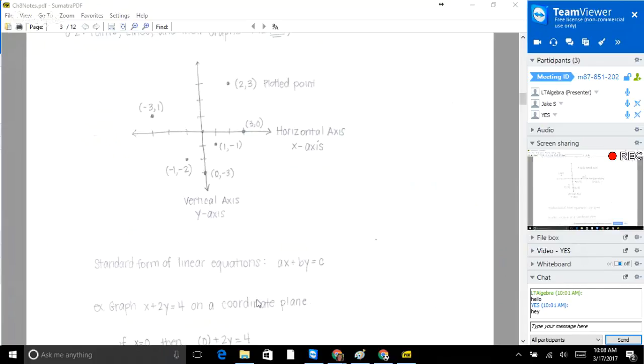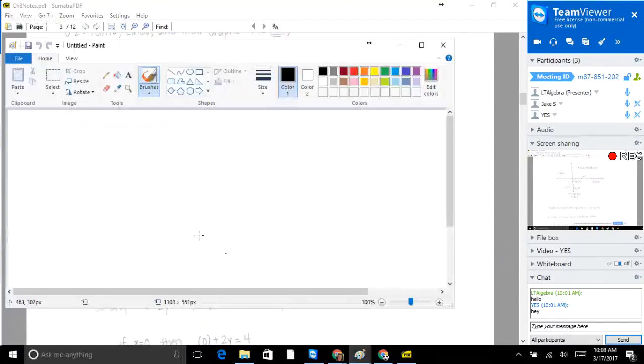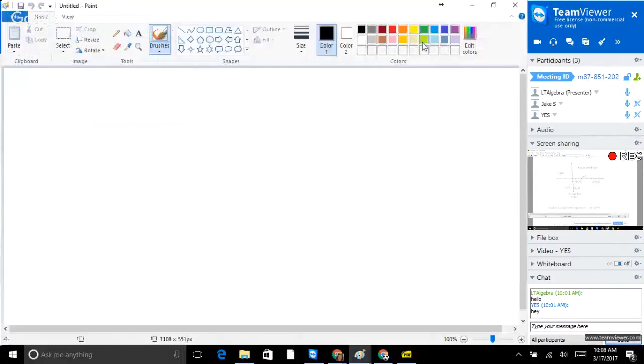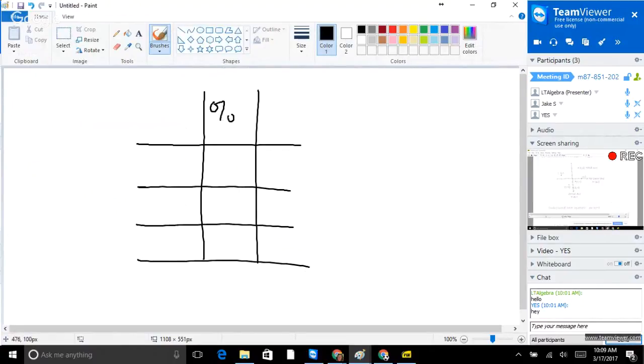So the shortcut is to make this little chart. You say percent and actual.